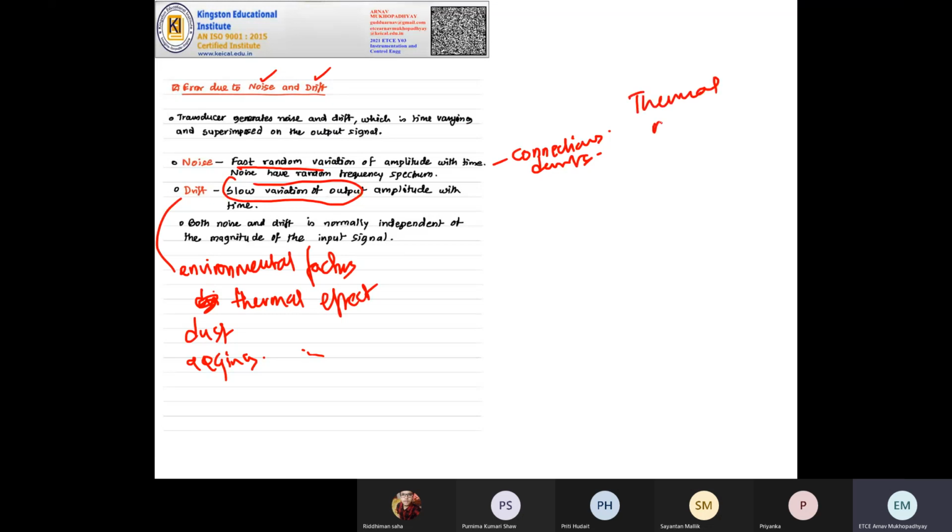So noise is something which cannot be avoided, and drift is something that can be avoided if you are properly cleaning and maintaining everything. The difference between noise and drift is that drift is slow variation while noise is very fast, and this can affect your operation and you cannot get rid of it, although drift can be. So this is a small point you may remember.